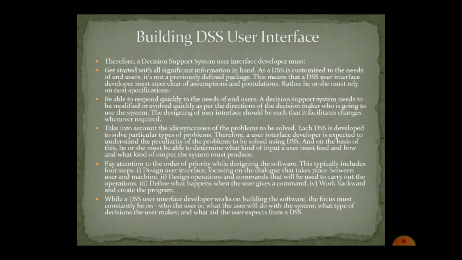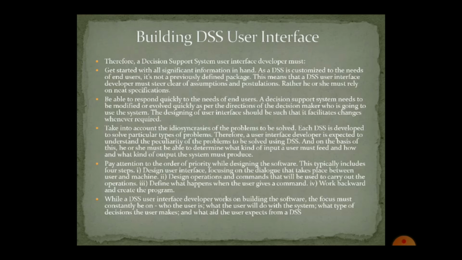Therefore, a user interface developer is expected to understand the peculiarity of the problem to be solved using the DSS, and on the basis of this he or she must be able to determine what kind of input a user must feed and what kind of output the system must produce. It is a very important thing.